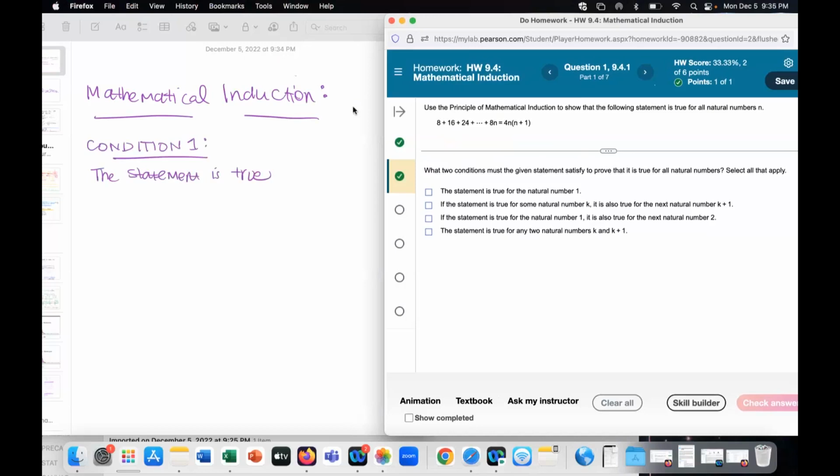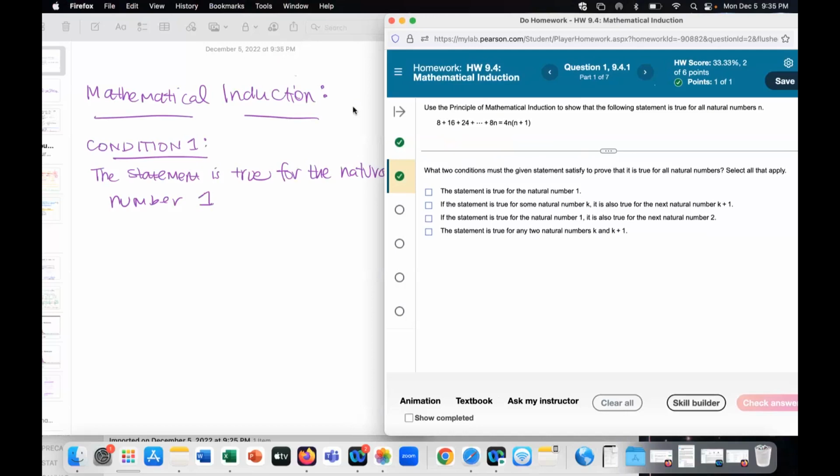So what we're going to do to prove this is plug in n equal to 1 and verify that the left side and right side of our equation are equal. To show this, we are going to plug in n equal to 1 into the original statement and show that the left-hand side is equal to the right-hand side.